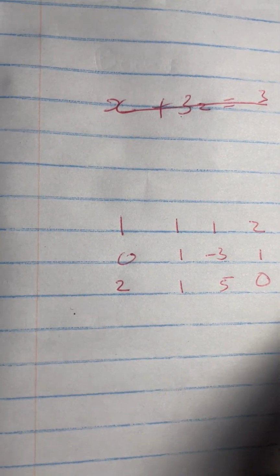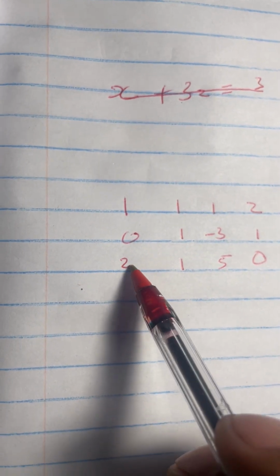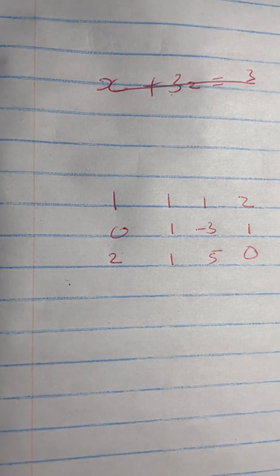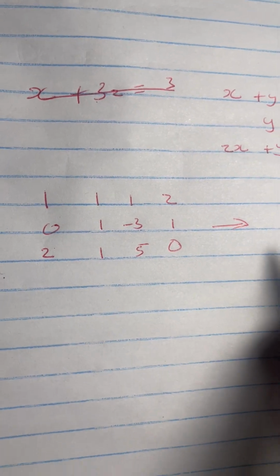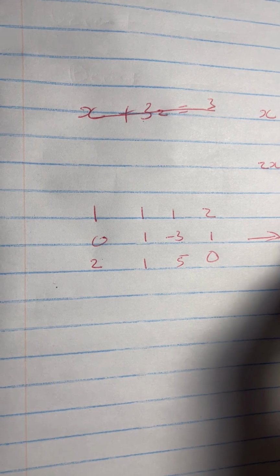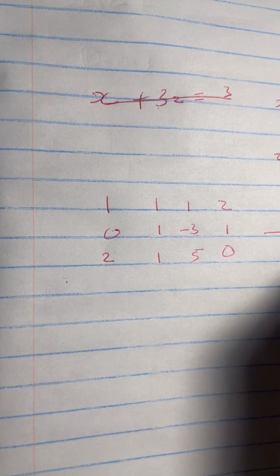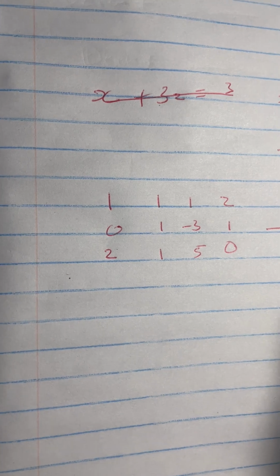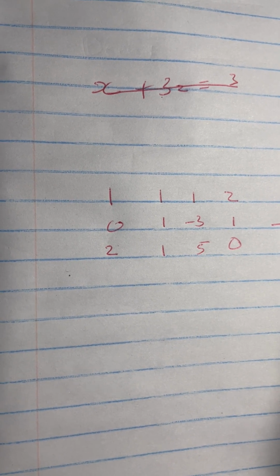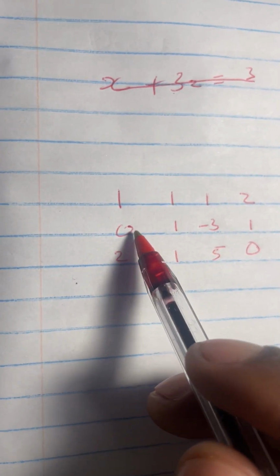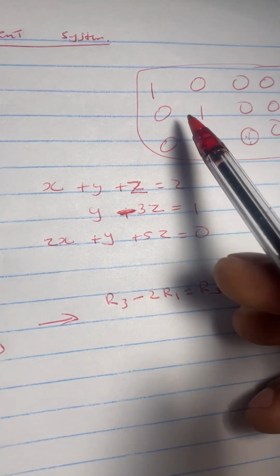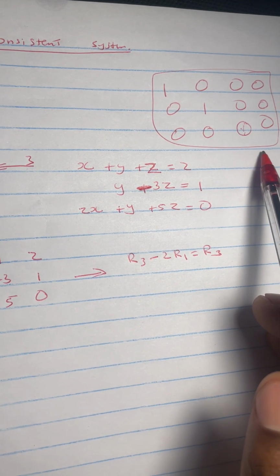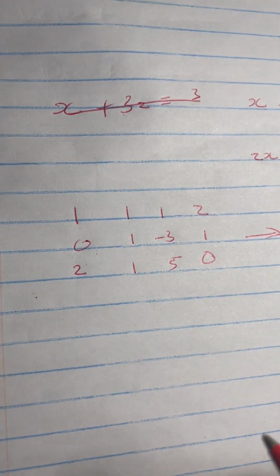Now we want to change 2 to be equal to 0. So we say r3 minus 2r1 is equal to r3, because this one I cannot change because it's already 0, since it's supposed to be like this if it's inconsistent. Okay, let's proceed.